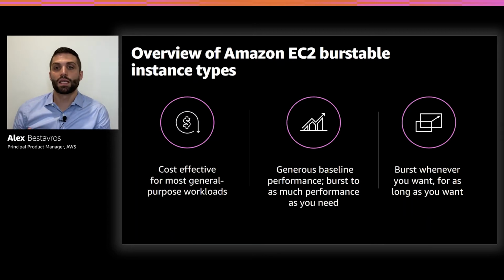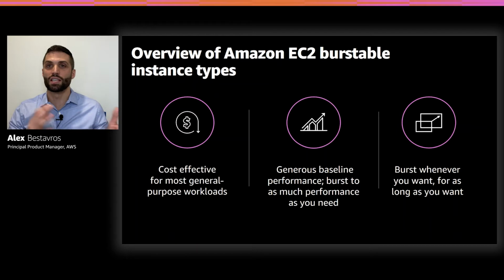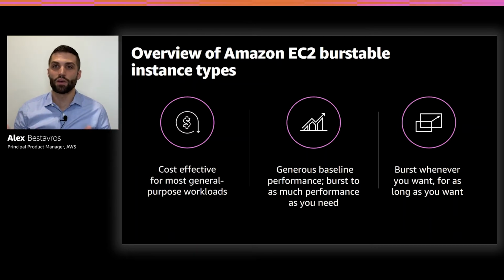The third characteristic is you're able to burst whenever you want and for as long as you want. It's not practical that everyone watching this or everyone who looks at our burstable instance types really knows exactly how their workload is going to run. Things change all the time. Some things go viral. Maybe you have a new service that launches and cannibalizes your old one. So it's hard to tell sometimes.